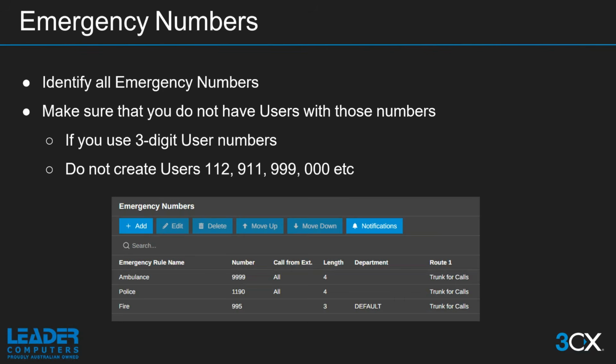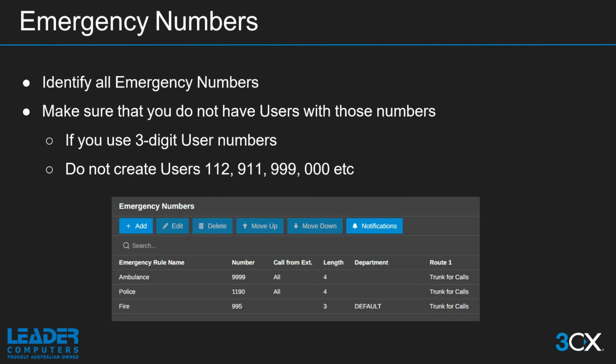The reason is that 3CX will always see, whenever a number is dialed, whether it is an internal number. If it is not, then it passes to the SIP trunk and to the outside world. So let's say you have an extension which is 000. As soon as a user dials 000, it will automatically dial the internal extension and will not connect to the external emergency services.